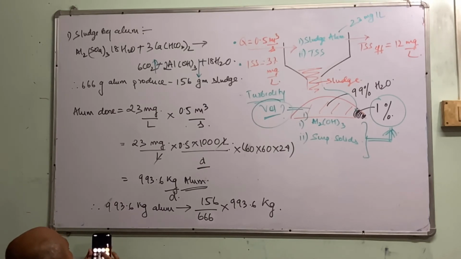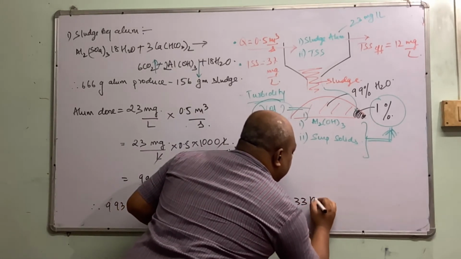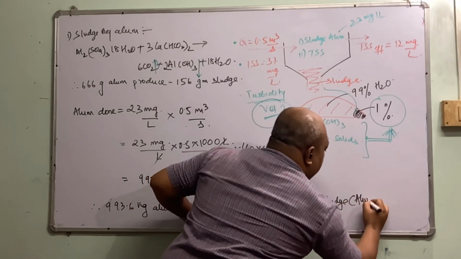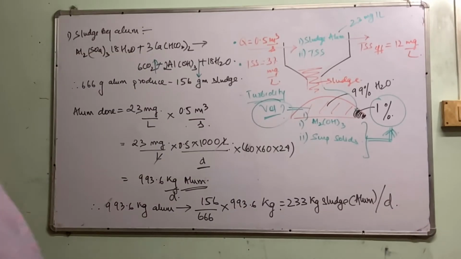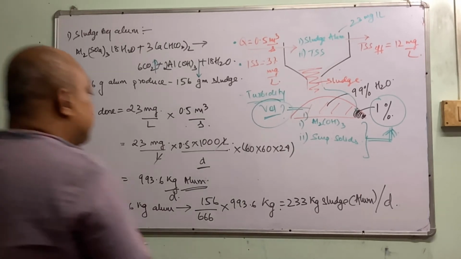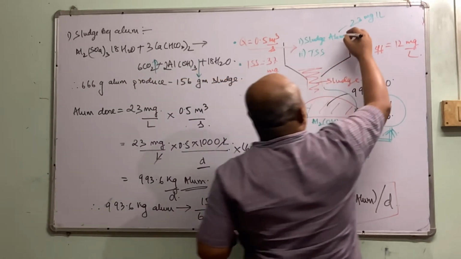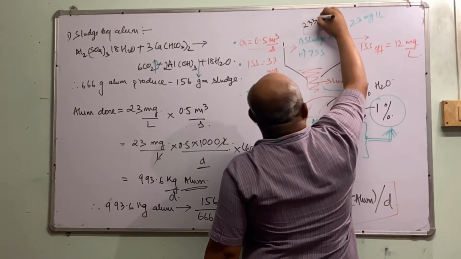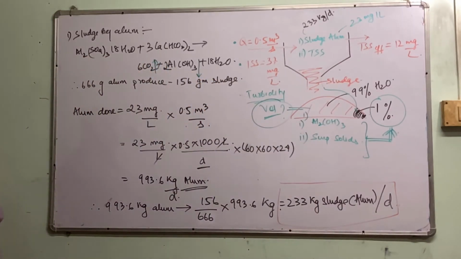That is about 233 kg of sludge. Which sludge? Alum sludge per day. So this is going to be equation number 1. This sludge is 233 kg per day. Is that okay, clear?